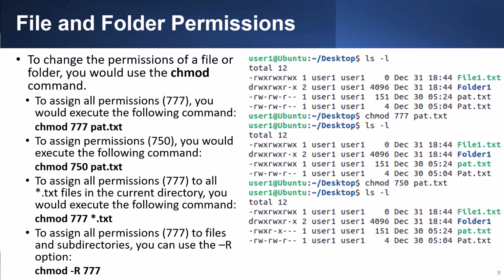To assign all permissions to all *.txt files in your current directory, you would execute the following command: chmod 777 *.txt. To assign all permissions to files and subdirectories, you can use the -R option: chmod -R 777.